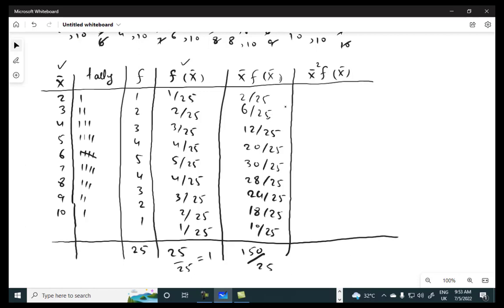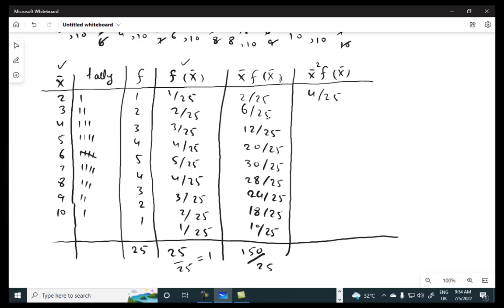There are two ways to calculate this column. The first is to take the square of each and every x bar, and then multiply it with f of x bar. The second method is to multiply x bar with this column, because x bar has already been multiplied here. So you multiply this 2 with this 2, you will get 4 over 25.